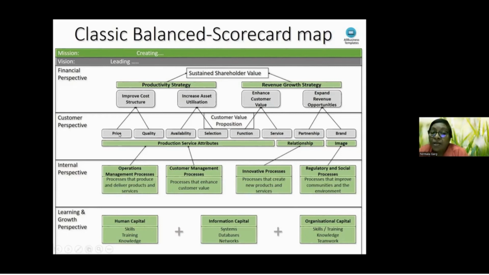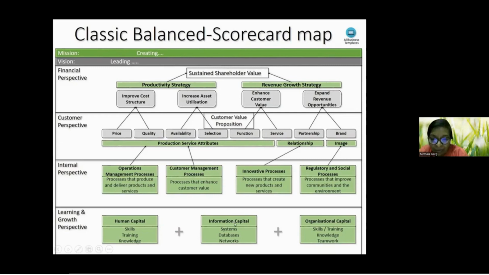High price, low price, what quality, what availability, what selection? If you are a retail chain, maybe wide selection, what features and functions. So think about the product and write all the attributes. In order to give these, what kind of processes will you look at? Will you focus on operations, customer, sales, or innovation?